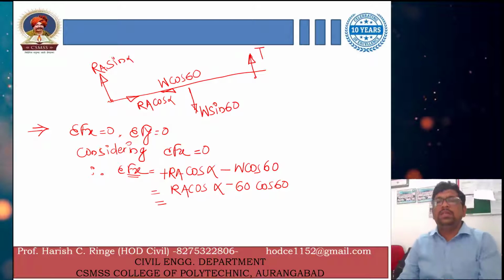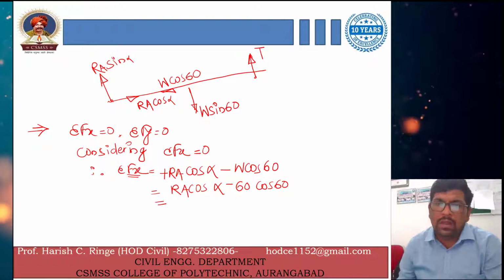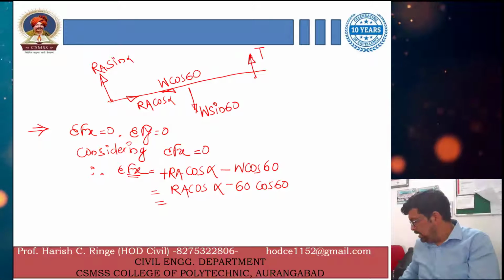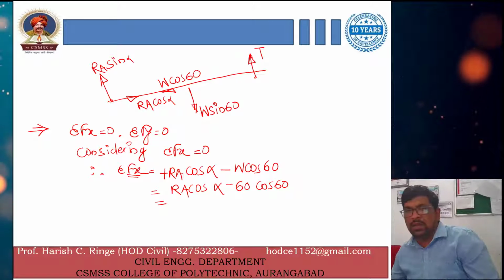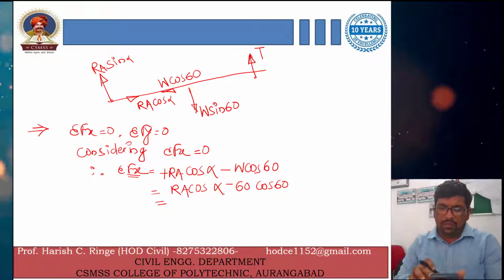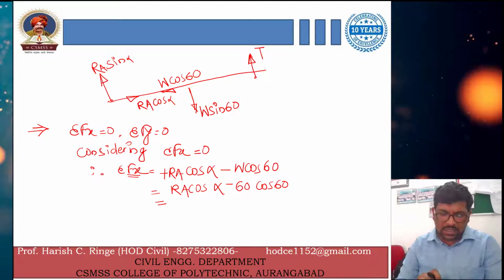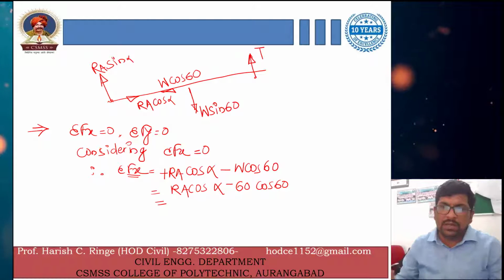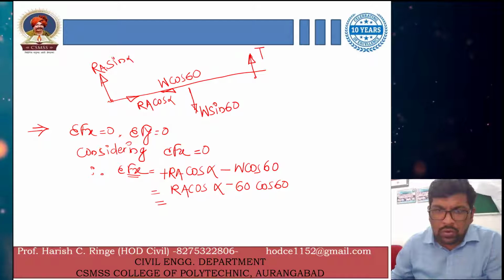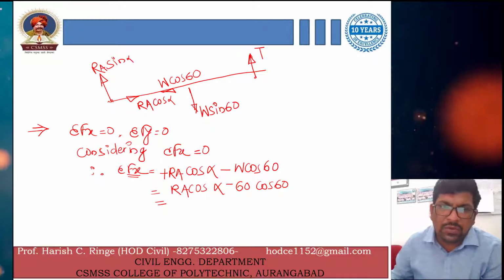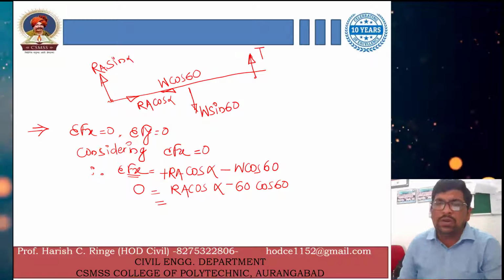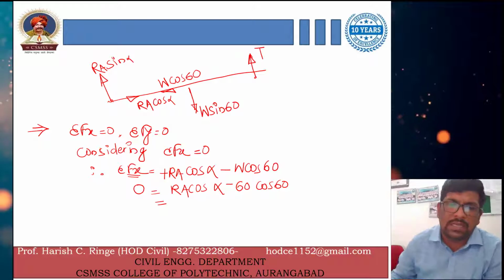After finding these values, I will solve them and tell you the answers. 60 cos 60 gives me the answer 30. As we know that summation Fx is 0, I write 0 equals RA cos alpha minus 60 cos 60.